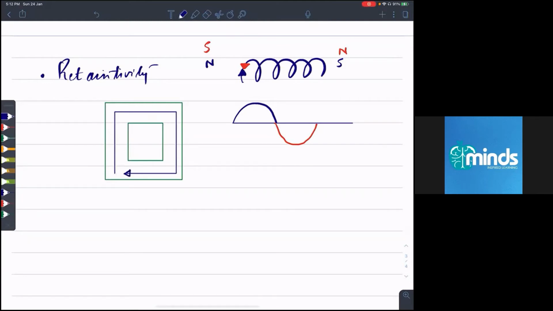And during the next negative cycle, the line of force will be traveling in this direction.